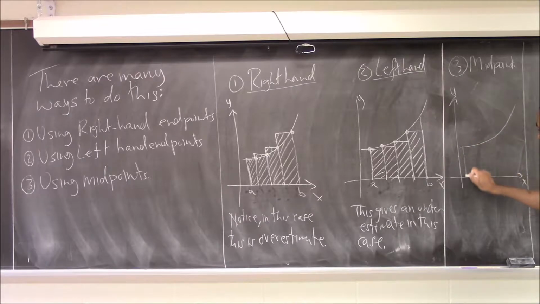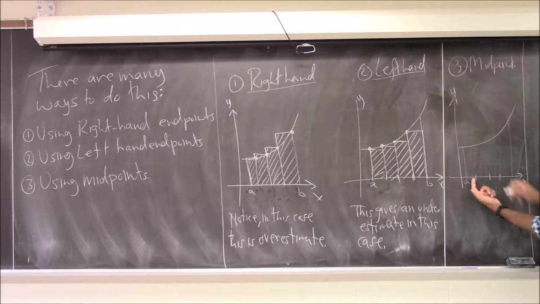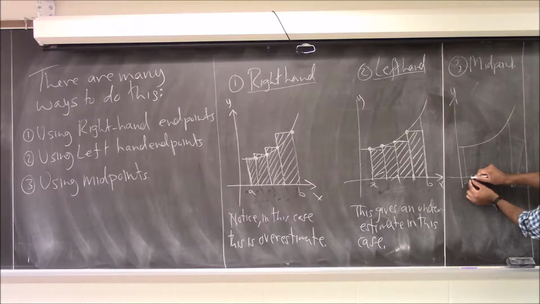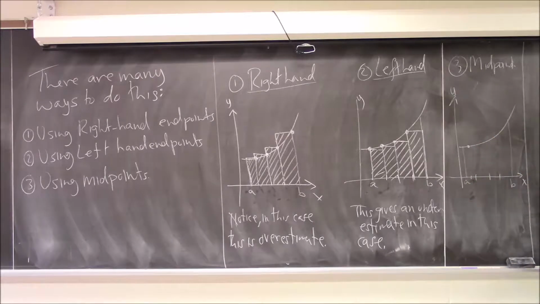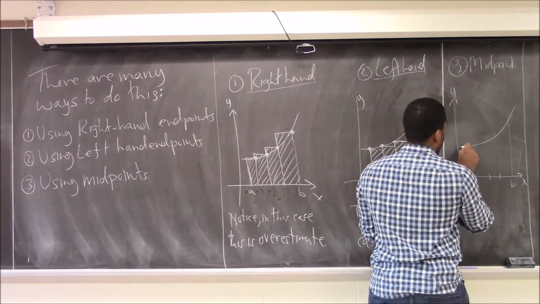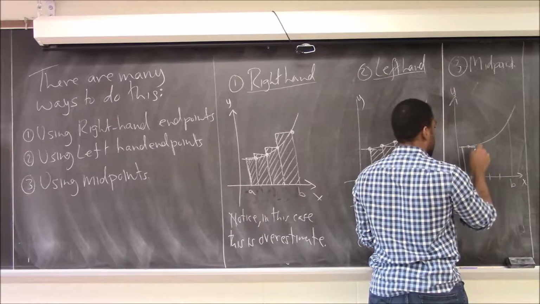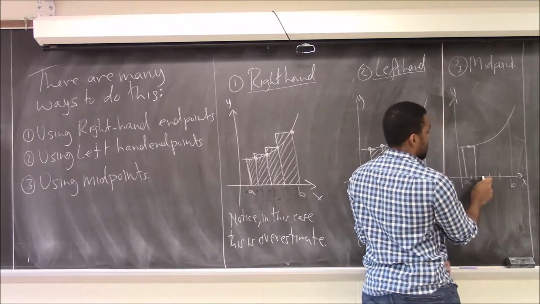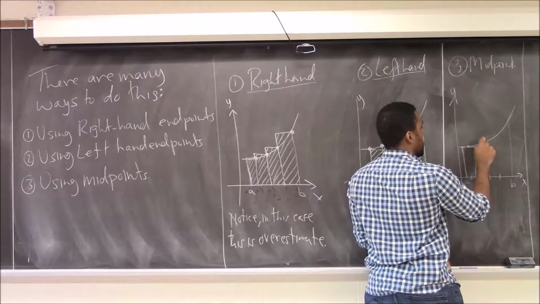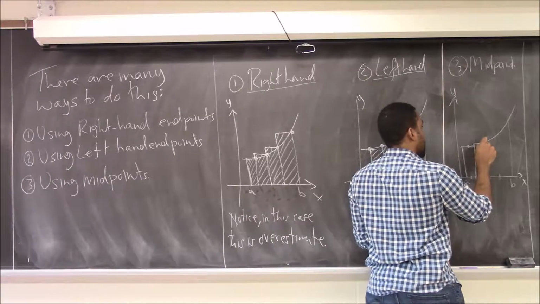So if I look at A and B, let's say I cut this up into 4 as well, this defines an interval, but instead of taking the left or the right, I take the middle of the interval, bring it up, and that determines the height of the rectangle. So I might put it across like so. Take the middle of the interval, that cuts off the rectangle.